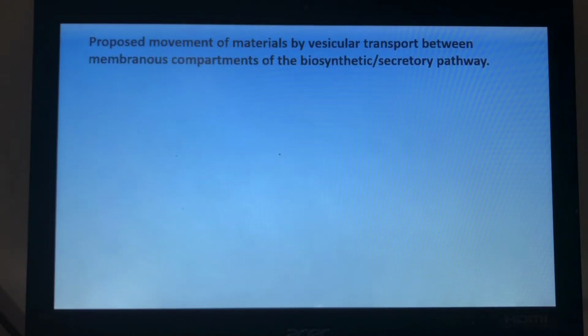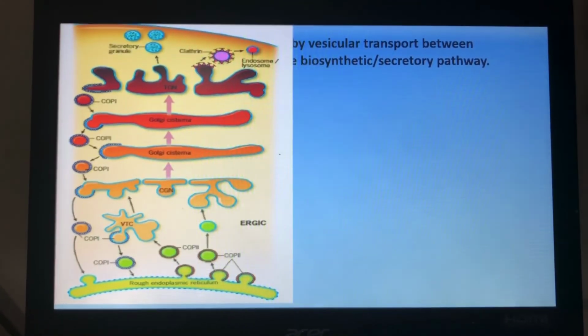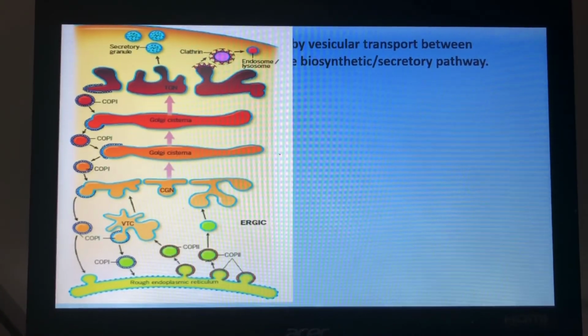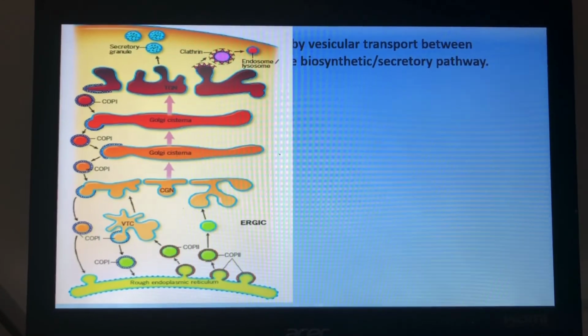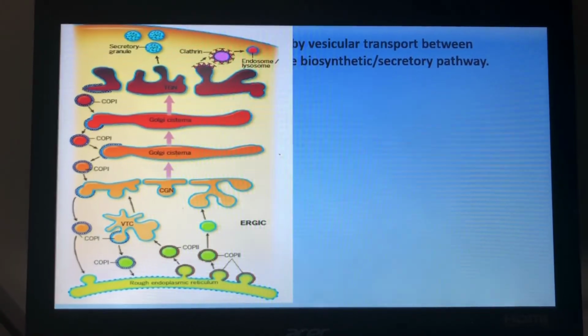This shows the proposed movement of materials by vesicular transport between membranous compartments of the biosynthetic secretory pathway. The three different types of coated vesicles indicated in this schematic drawing are thought to have distinct transport routes. COPII coated vesicles mediate transport from the endoplasmic reticulum to the ER-Golgi intermediate compartment and Golgi complex.